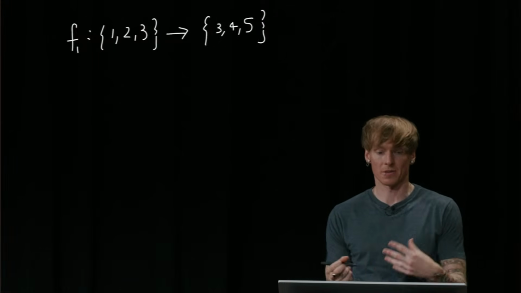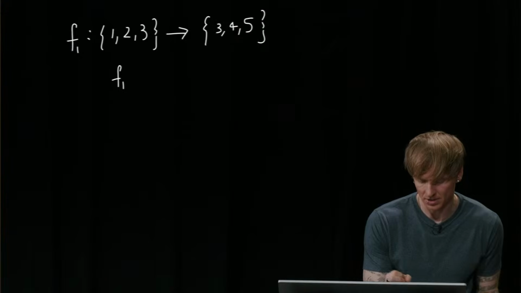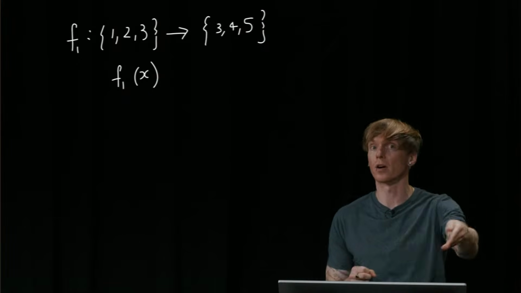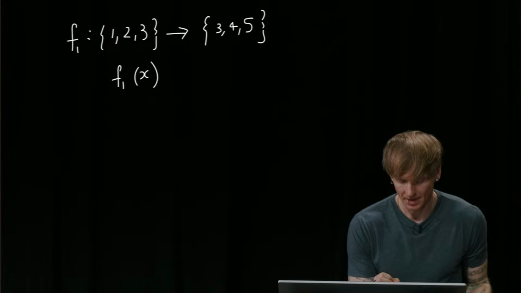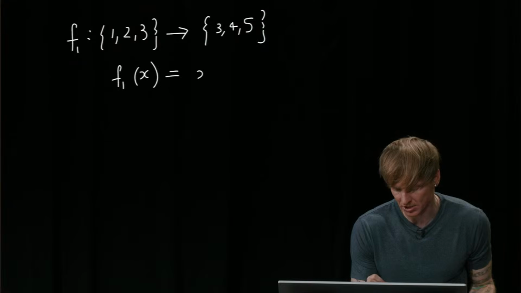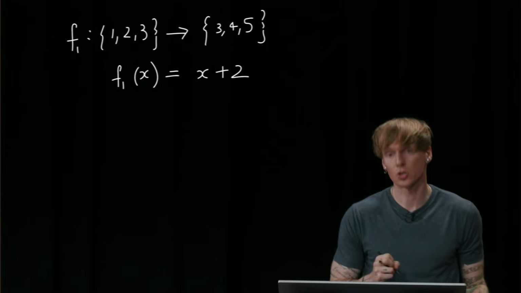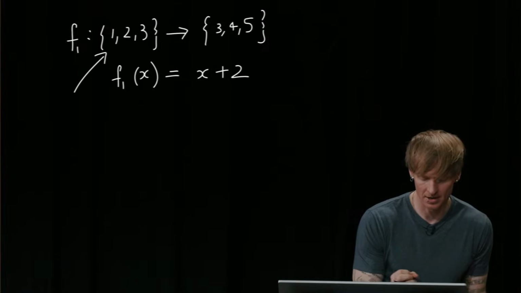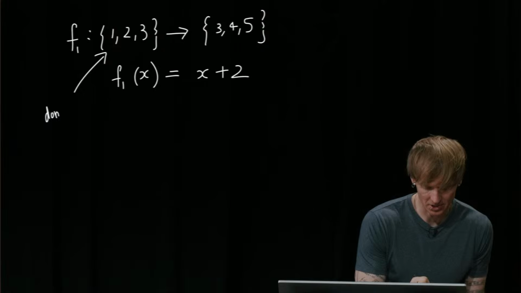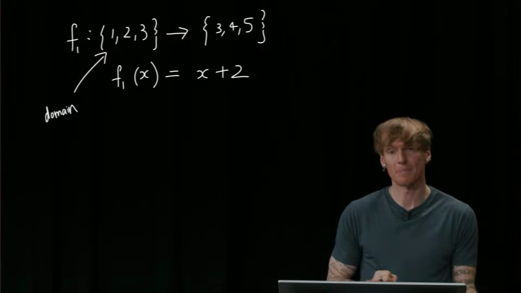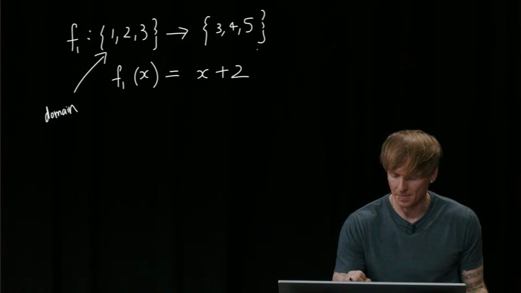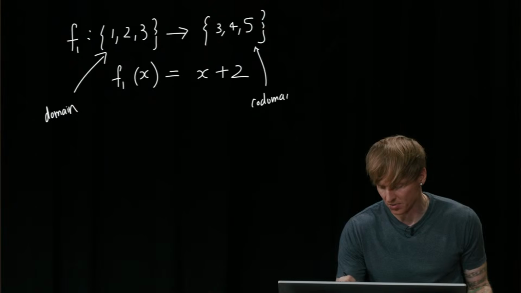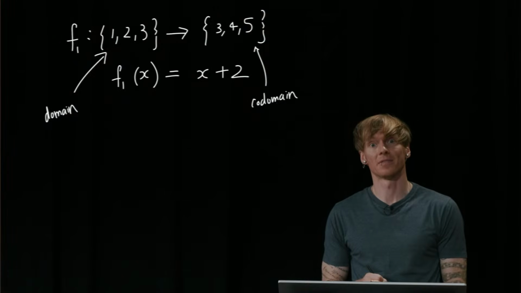Let's suppose this function is given such that if I have an input x, coming from that set 1, 2, 3, then f1 of x is just x plus 2. To make that really clear, we've got here the domain where we start from, take our inputs 1, 2, and 3, and they are mapping into the codomain over here, which is 3, 4, and 5.